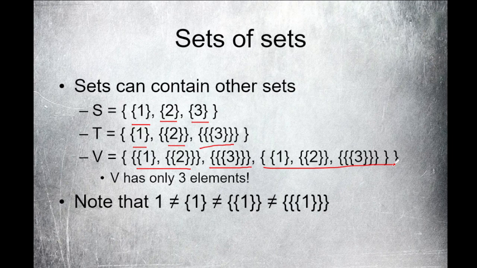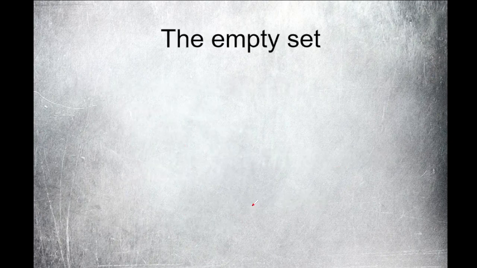So remember one thing, the individual element 1 cannot be said to be equal to this set of 1, because here 1 is an element of that particular set, while here 1 is a standalone element. Again, this will not be equal to this one because this is a set of 1, like this. Okay, all of them are different. So that idea is there.